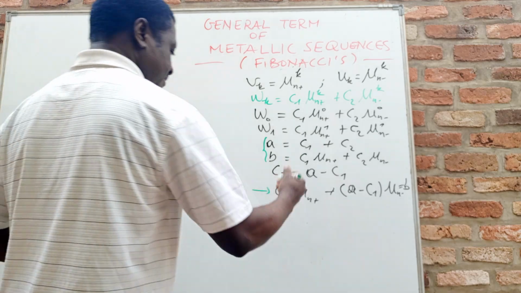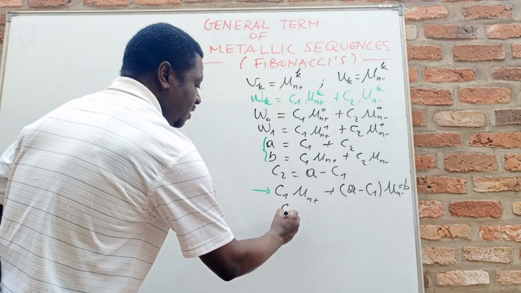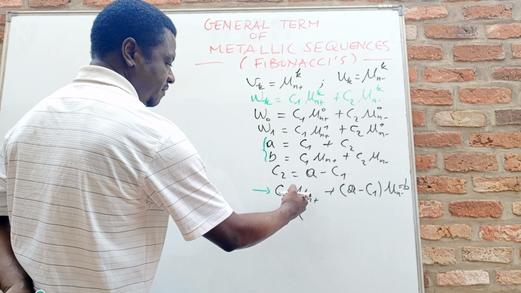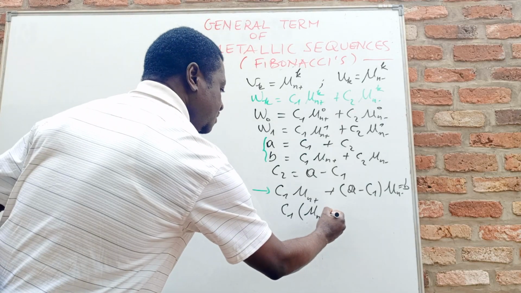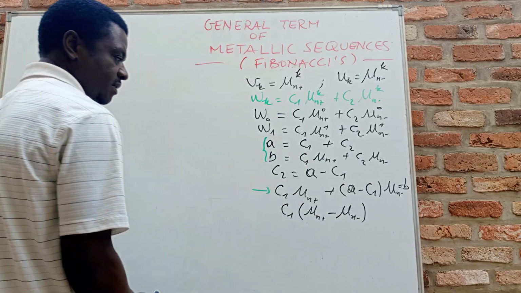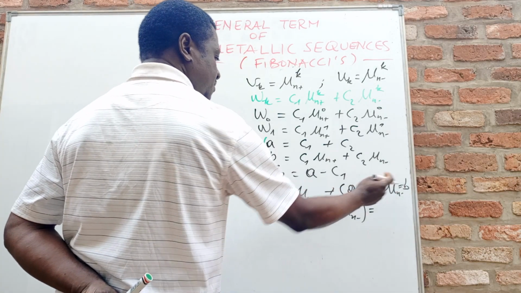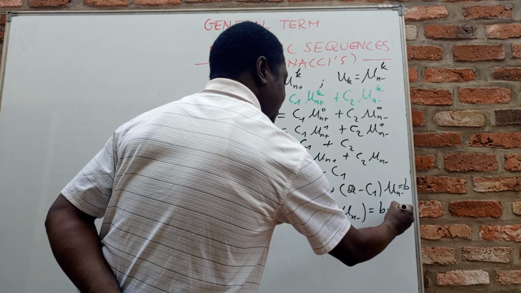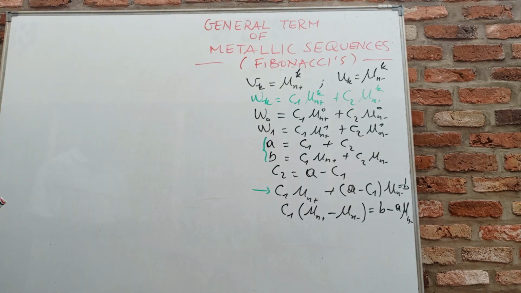So what we are going to have here is C1, which will involve the metallic ratio and its conjugate mu_n minus, and on the other side, this one times the conjugate is going to be minus A times mu_n minus.